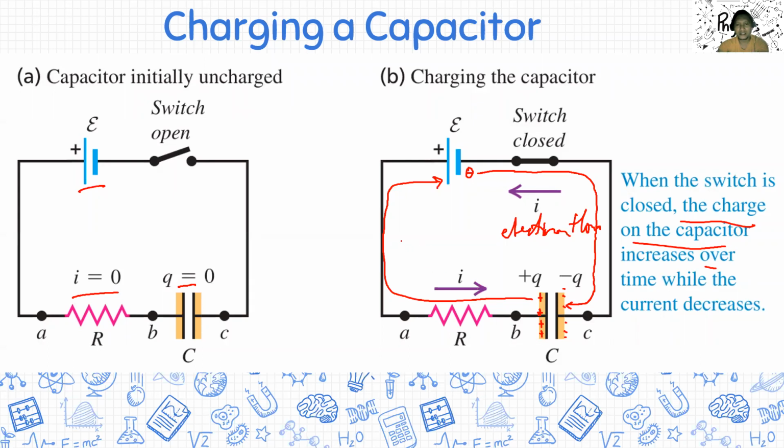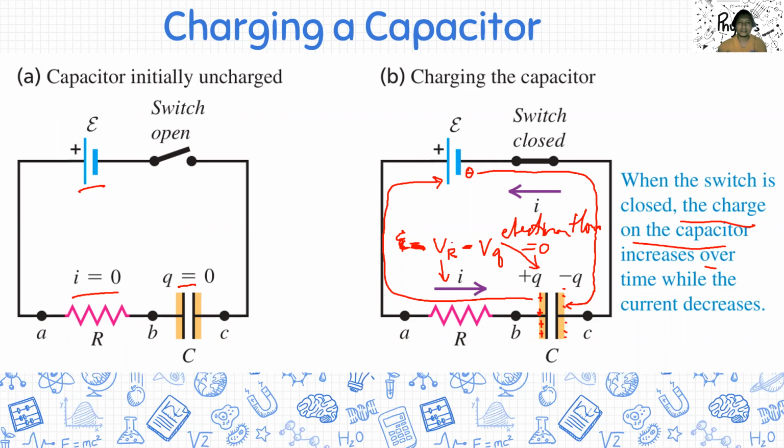is by virtue of Kirchhoff's rules, right? The voltage across the resistor: your EMF minus V_R minus V_Q, in terms of voltage, equals 0.